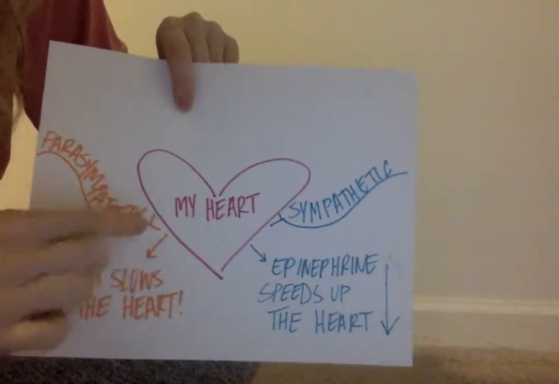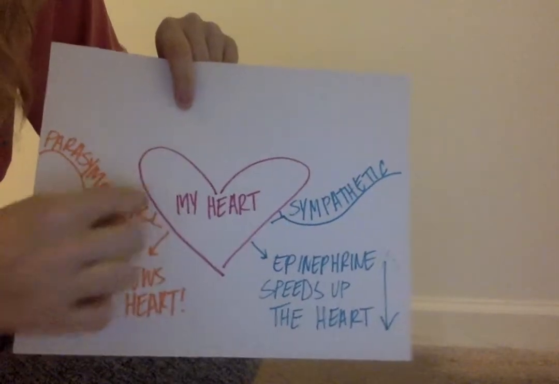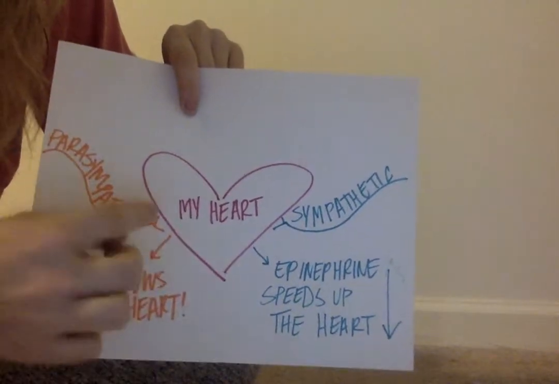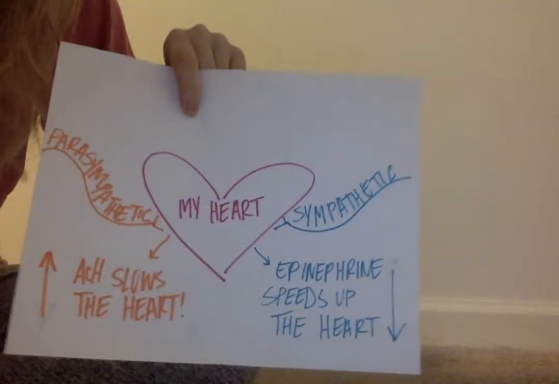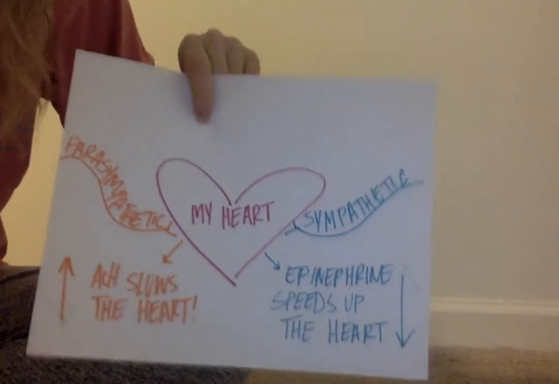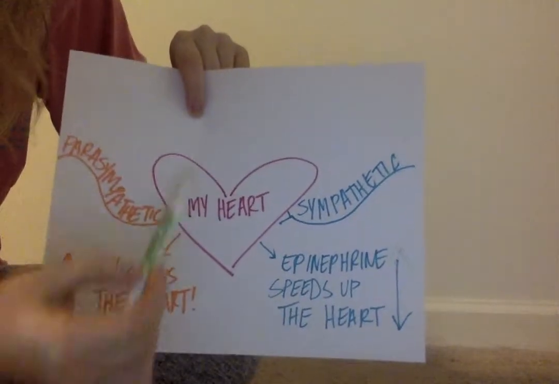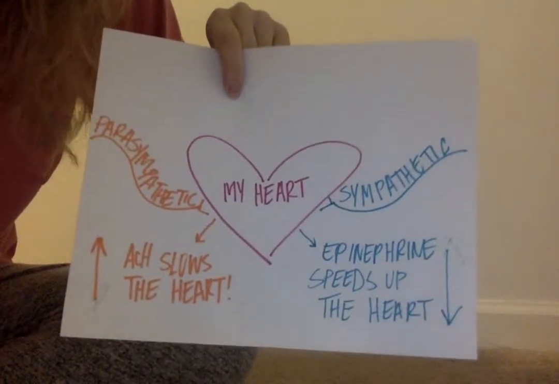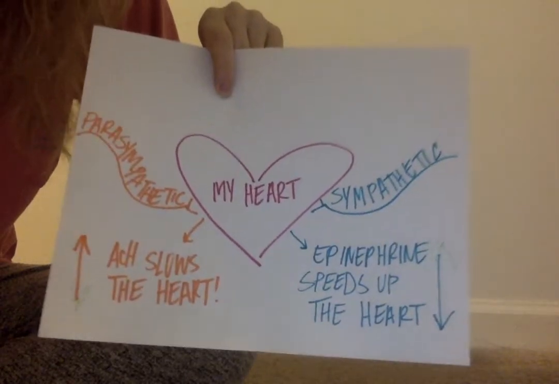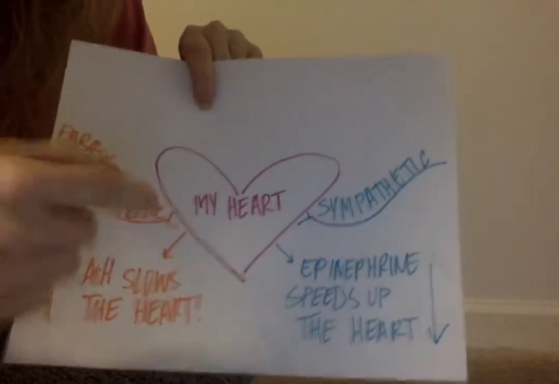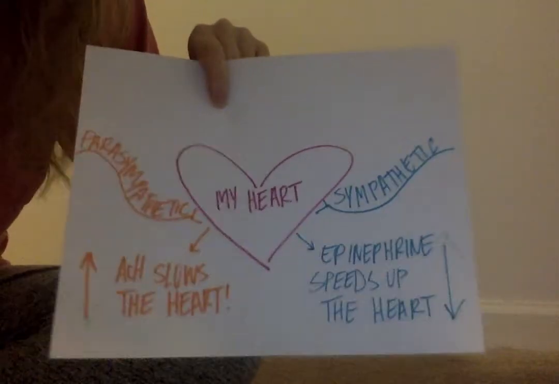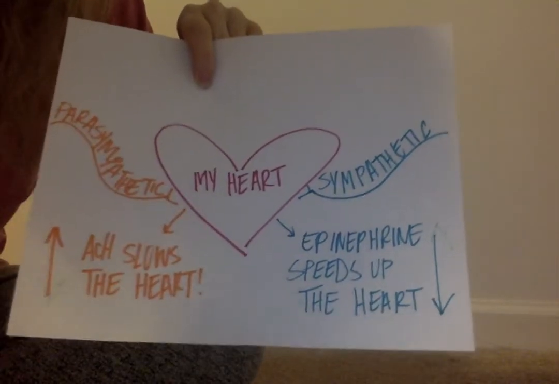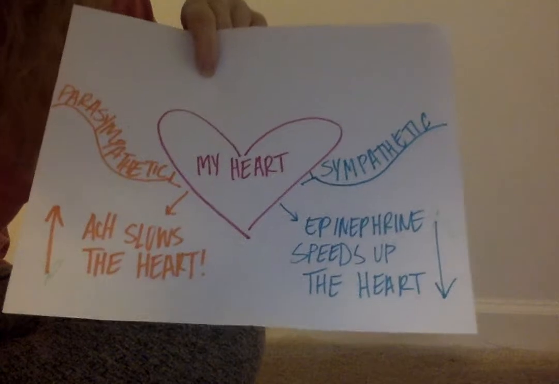So if I introduce a muscarinic cholinergic antagonist, because this is a muscarinic receptor, what's going to happen? It's going to speed up the heart rate. So our normal drug that we talk about as a muscarinic antagonist is atropine. When you introduce atropine to the body, you're trying to raise the heart rate, so you're blocking the muscarinic receptor here that causes the heart rate to slow down.